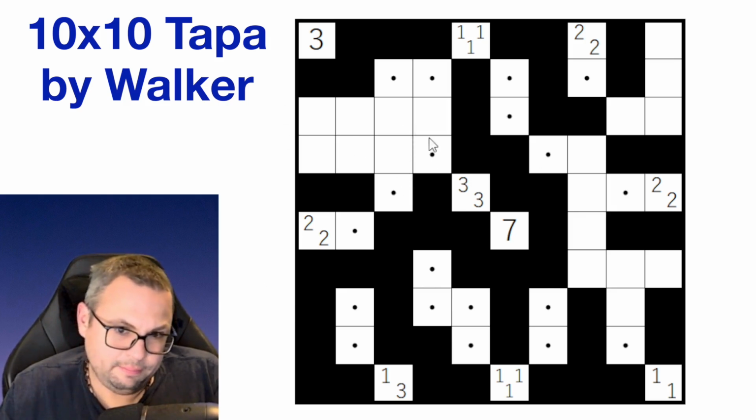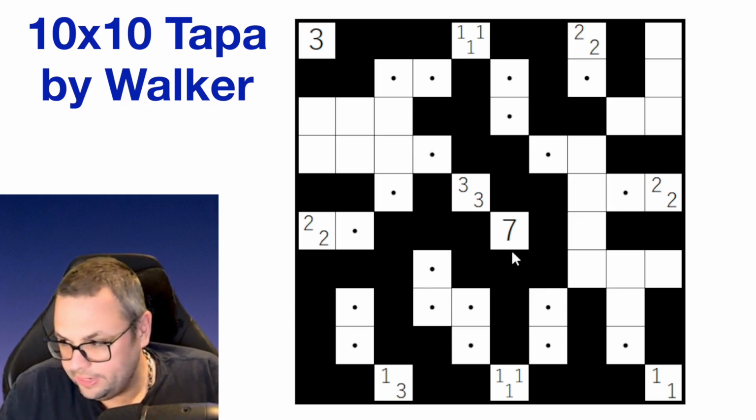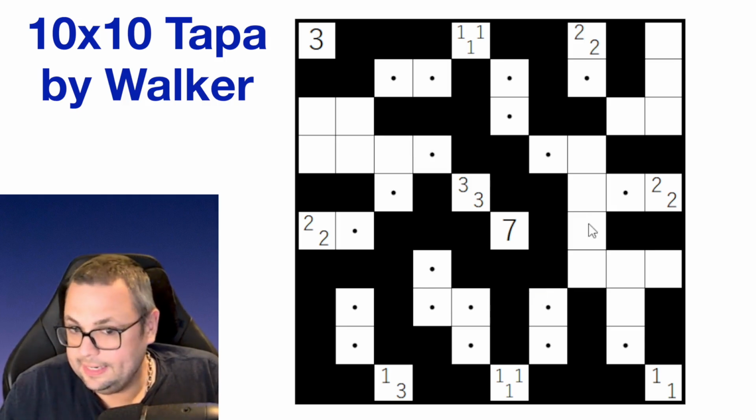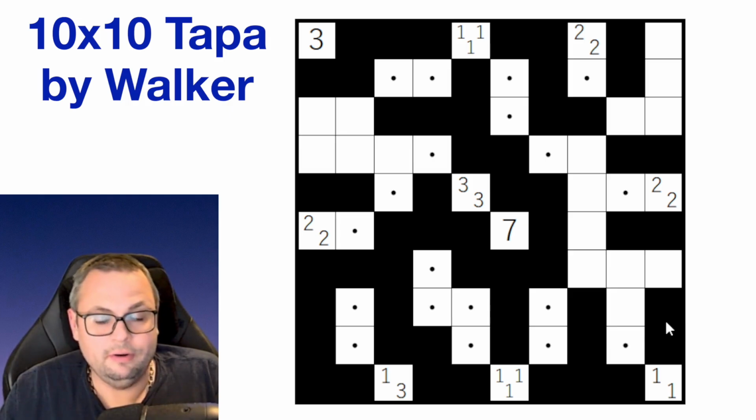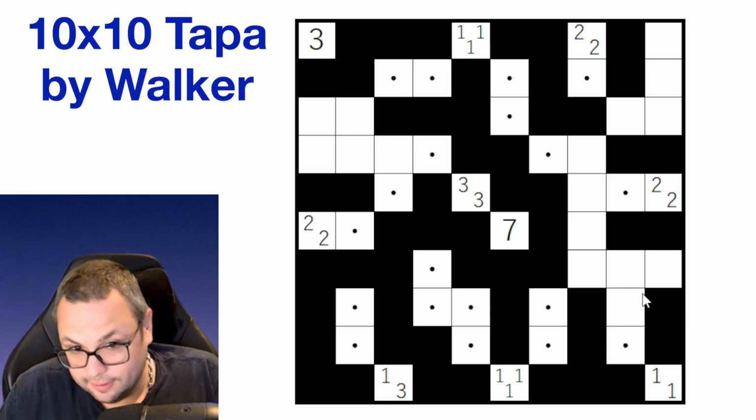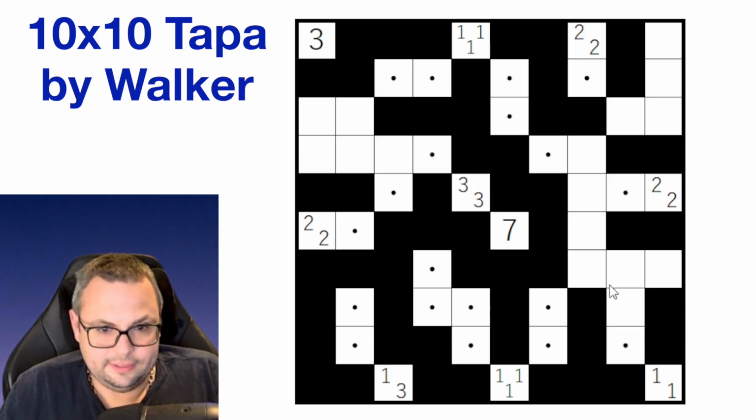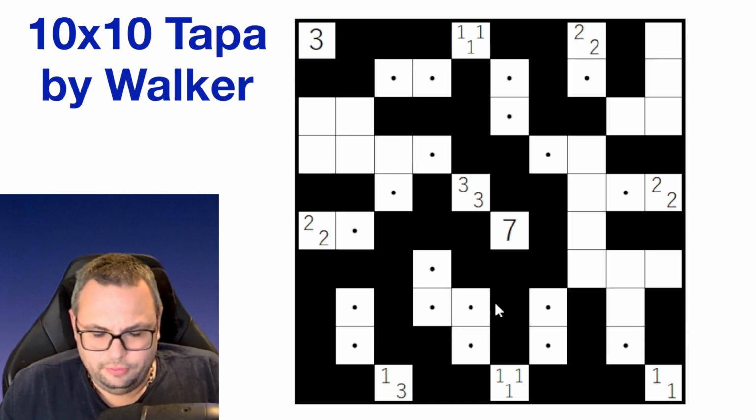And the only place that can go is through here. And again, it still has to keep growing. So we know it grows through there at the very least. So we can actually also grow that.